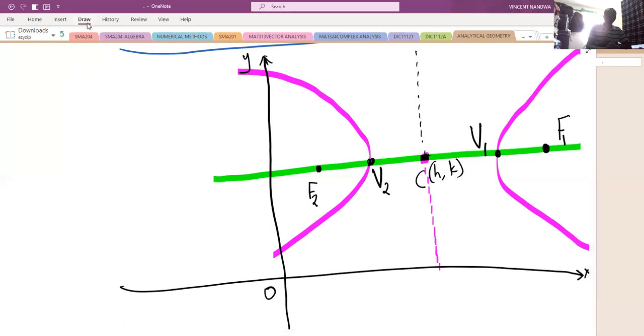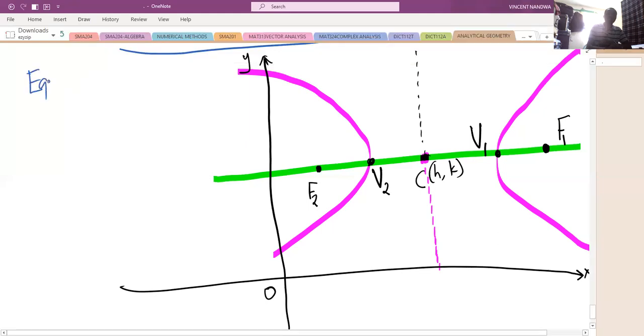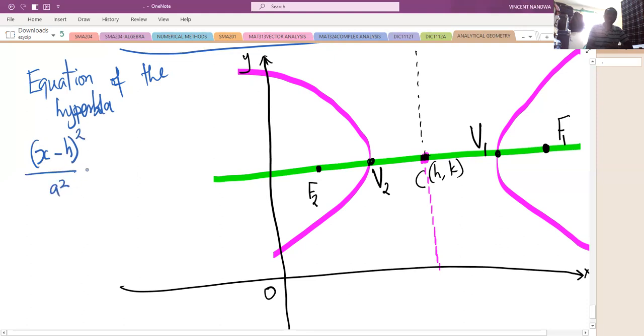The equation of the hyperbola, if this is the case, will be given by (x minus h) squared over a squared, because there is a shift of h units in the x, minus (y minus k) squared over b squared equals 1.